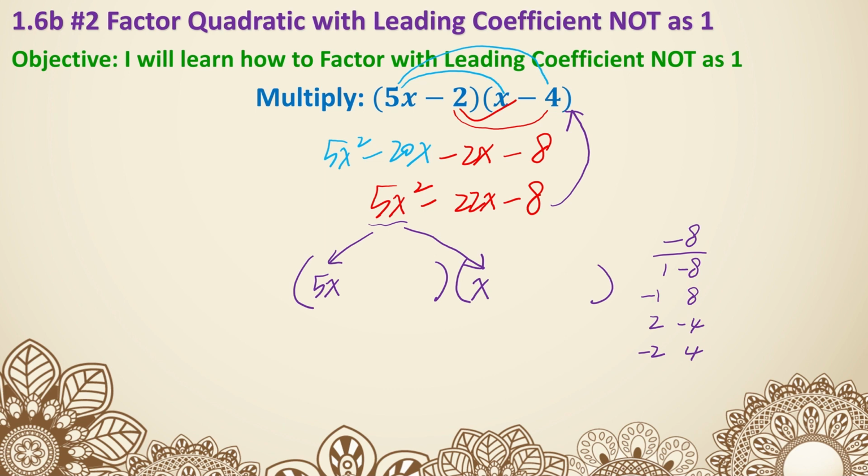The reason I'm writing all of them out is because even though the middle number is a negative, having a 1 here and negative 8 there, and having a negative 1 here and 8 there will give you different results because the front numbers are not the same anymore. So when you multiply, they will give you different results. And in that case, you see the combination suddenly doubled, especially when we have a negative number.